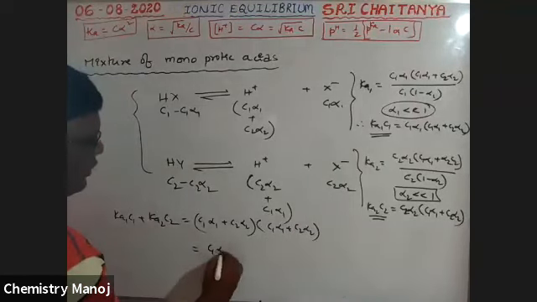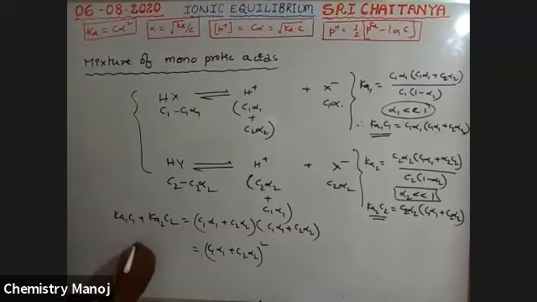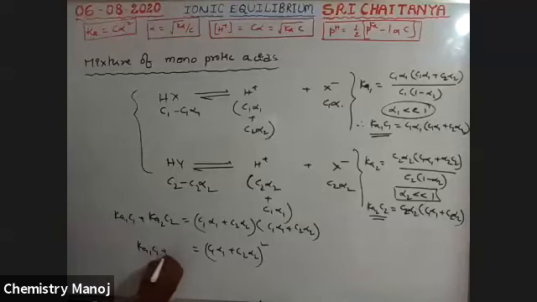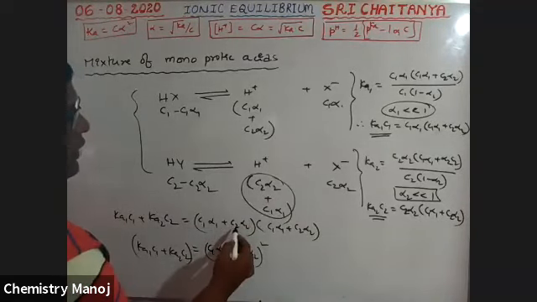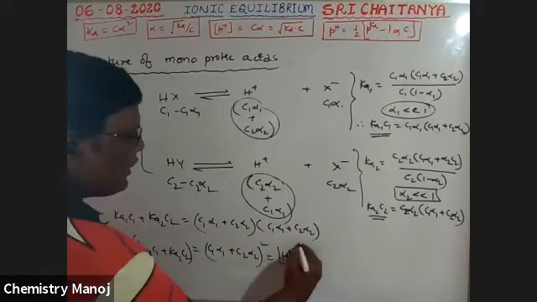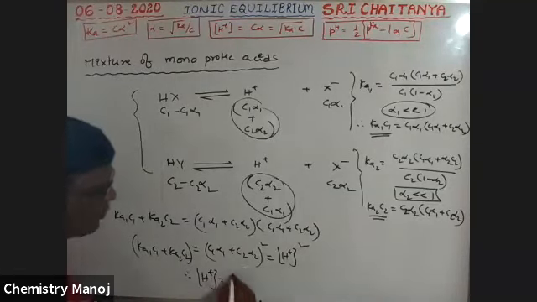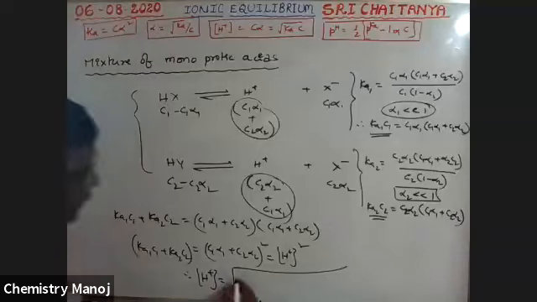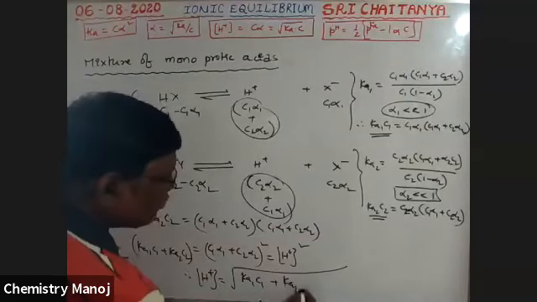That is equal to (C1 alpha 1 plus C2 alpha 2) whole square, which is equal to Ka1 C1 plus Ka2 C2. So see boys, C1 alpha 1 plus C2 alpha 2 is the H plus concentration. This is also H plus concentration, which is equal to H plus concentration whole square. Therefore, H plus concentration is equal to under root Ka1 C1 plus Ka2 C2.